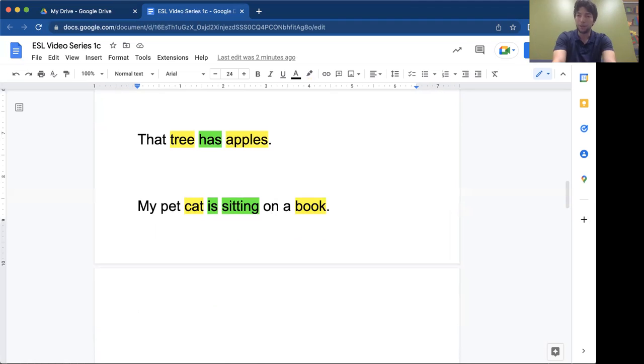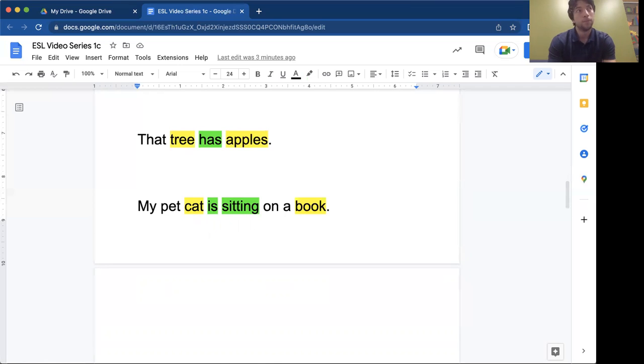Now, it's going to be a little bit more complicated with this second sentence because we have more words, but here we go. We've got our subject, which is technically this, but we can just look at it as cat for now, for simplicity's sake. And then we have our first verb, is. Now, remember what I said when we have two verbs in a row? The first one is conjugated and the second one is not. Sitting is the present progressive form of the verb to sit.